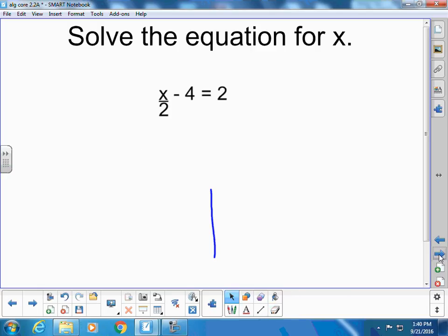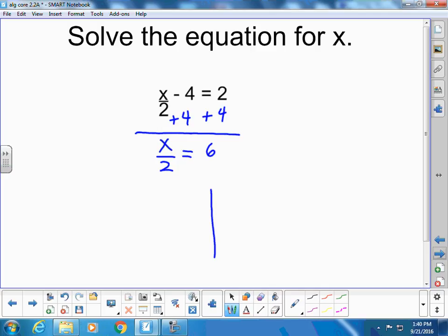Just like before, we talked about wanting to undo addition first, undo addition or subtraction. So right now we have -4, so to undo that I want to add 4. So then I have x over 2 equals 6. And x is already divided up by 2.